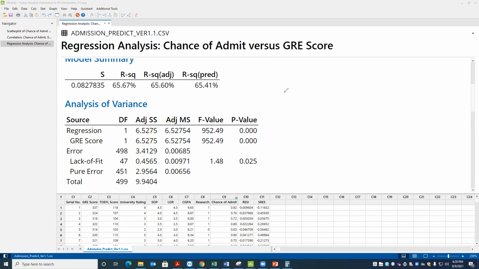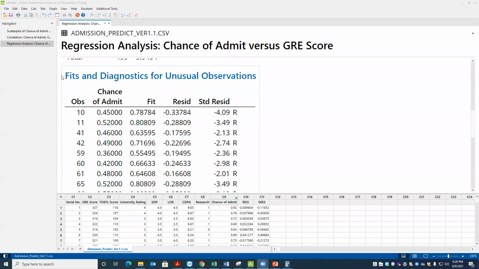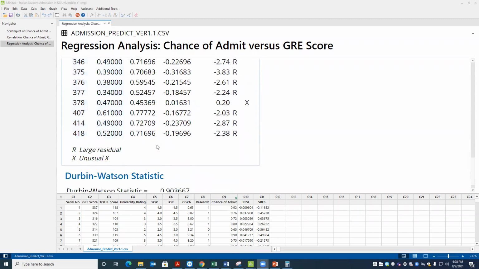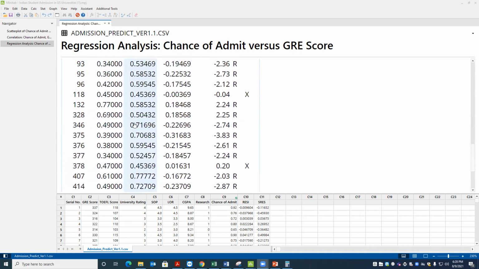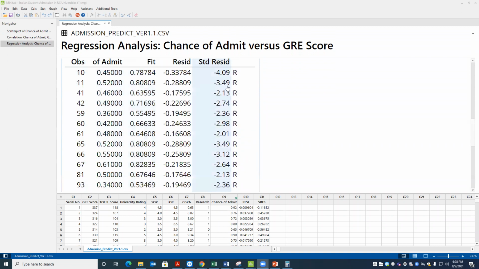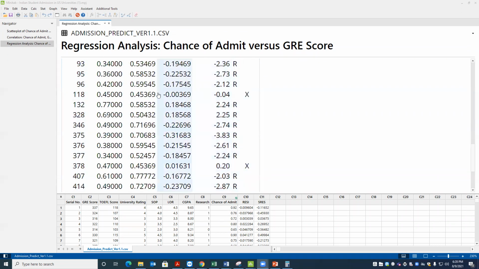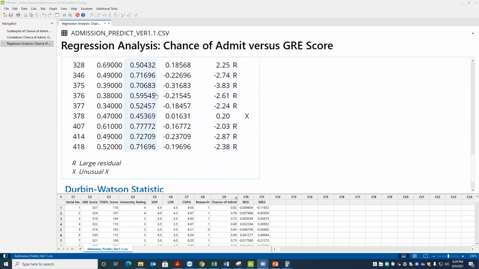How? These are unusual observations, meaning these numbers are not correct. Few of them, out of 500 numbers, look like data errors, made when entering or collecting data, or people provided wrong data.